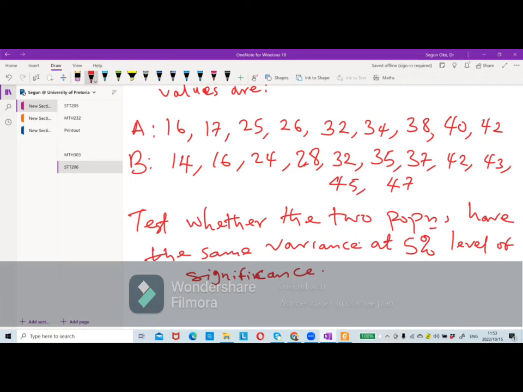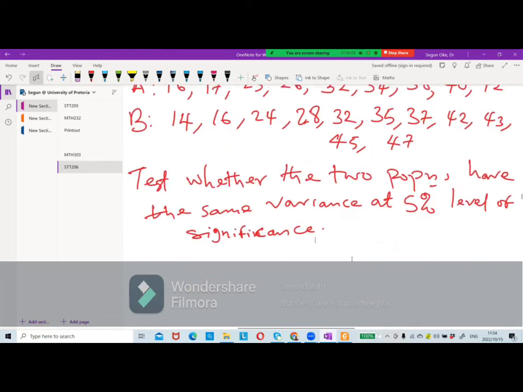When you hear 5% level of significance, they are giving you alpha directly. Okay, let's solve this problem. We want to test the hypothesis now.